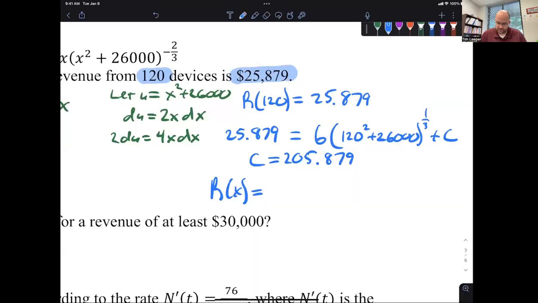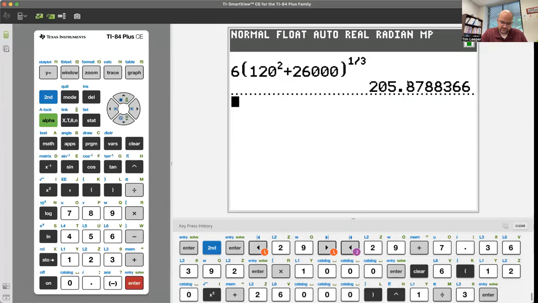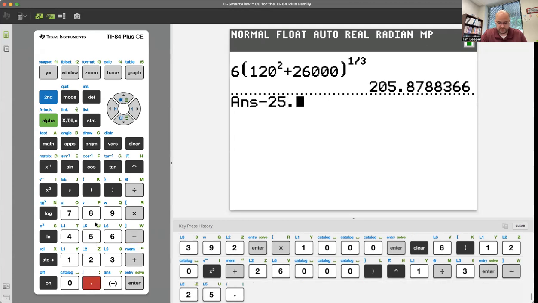There we go. So the revenue function is 6 times (x squared plus 26,000) raised to the 1/3 power plus 205. No, my apologies. I need to subtract that from the 25.879.